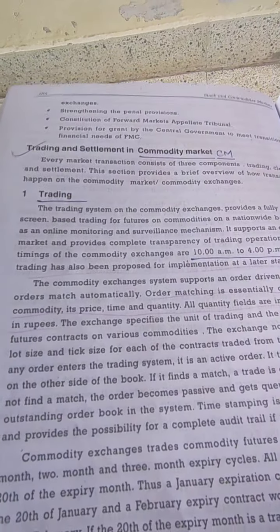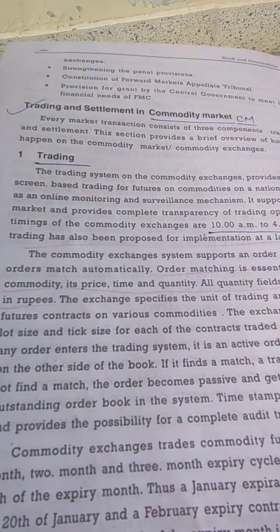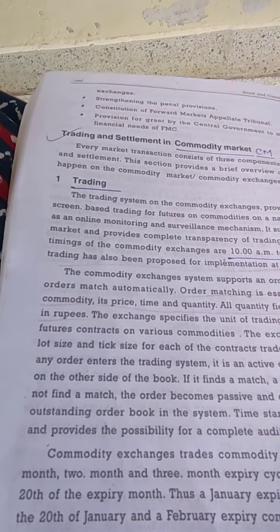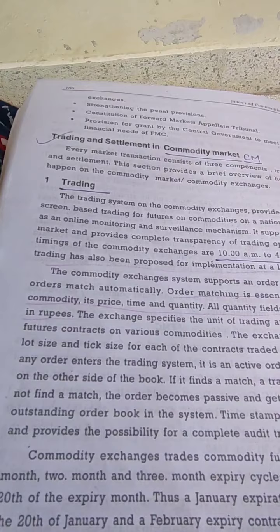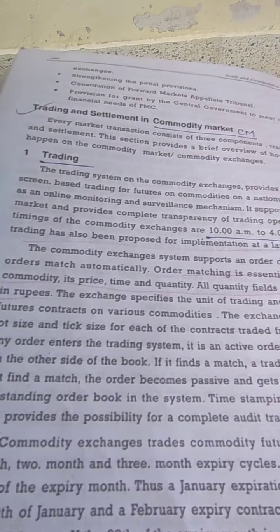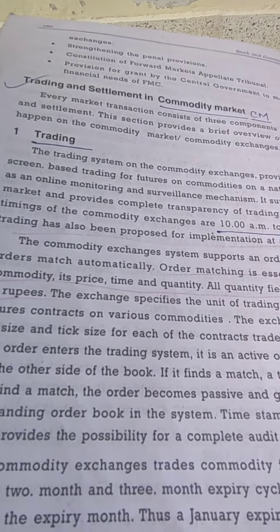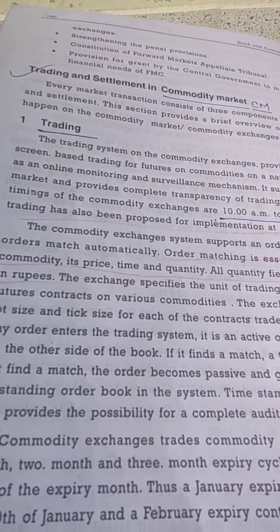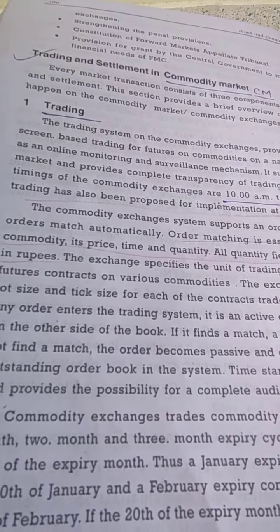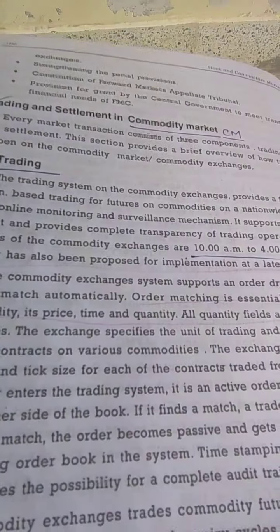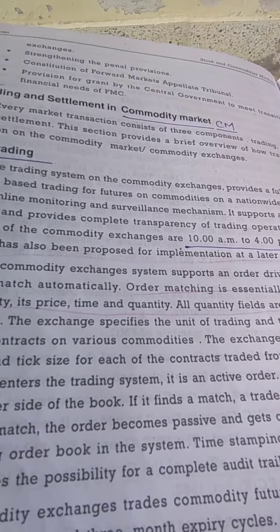Let's now see in detail what exactly is trading. Trading in a commodity market, no different from your stock market, has fully automated screen-based online trading. Trading here means order matching.